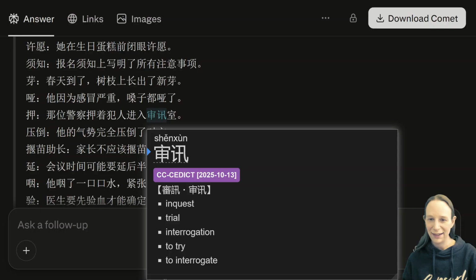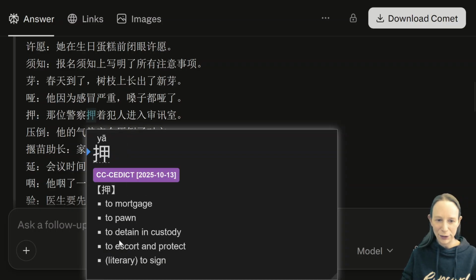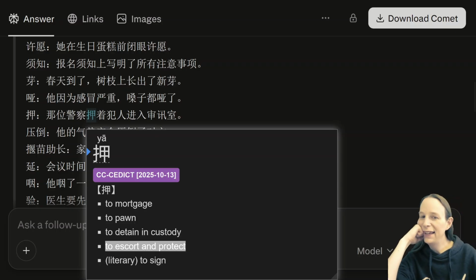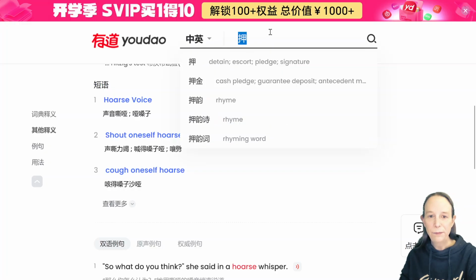What do I use for this one? I don't remember. Anyway, so they're escorting. Yeah, it's somewhere between detaining in custody and escorting. Yeah, let's have a look at this in more detail. Where do I begin? We'll go here.